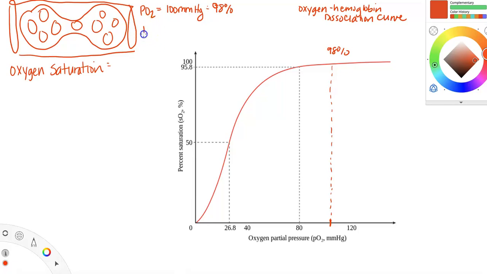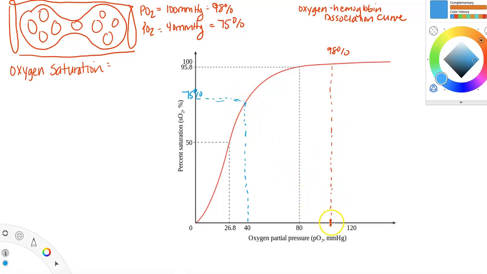So at 40, if we have a PO2 of 40 millimeters of mercury, we're at about 75%. So here's 40 over here, and it's about 75%. Okay.